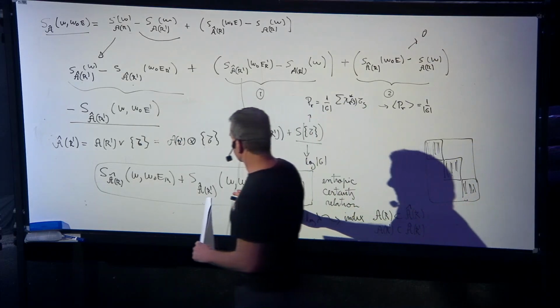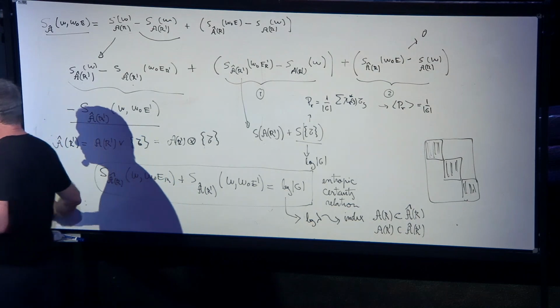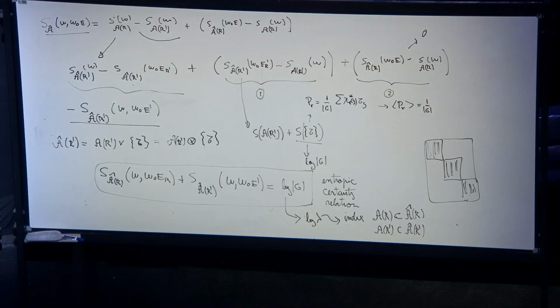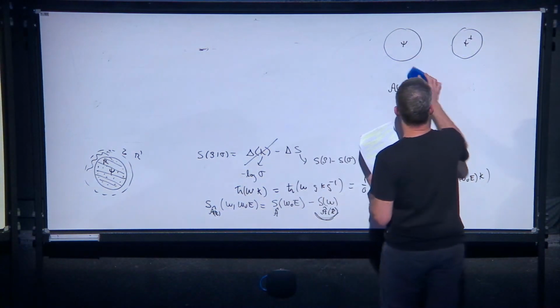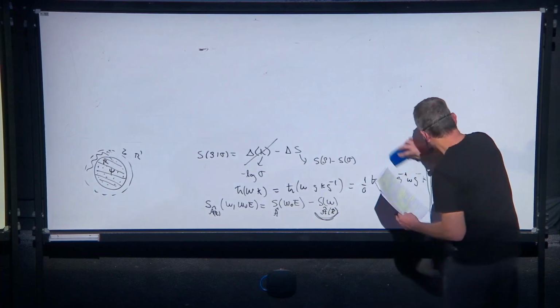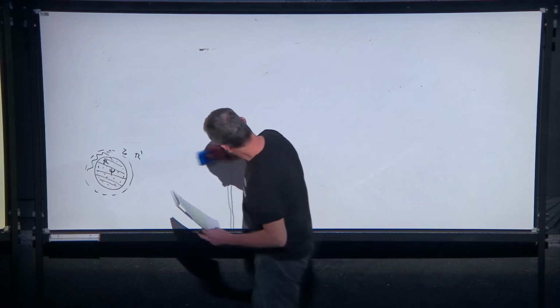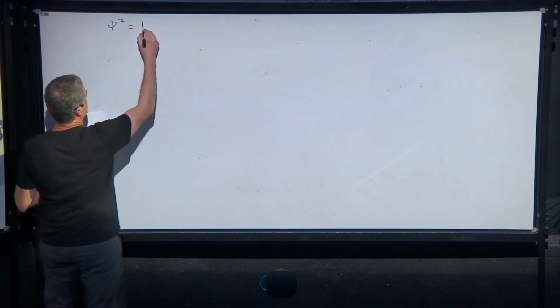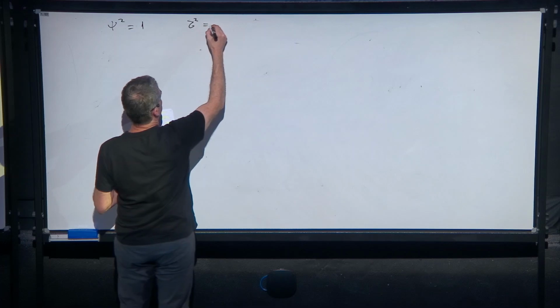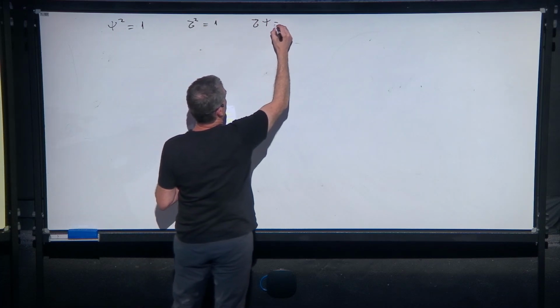For example, if I have a group Z_2, let's say the square of the charge operator phi is equal to 1, and the square of the tau operator is equal to 1, and tau phi is equal to minus phi tau.